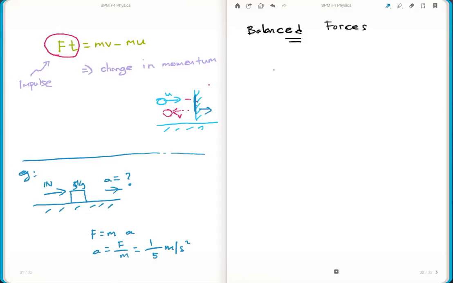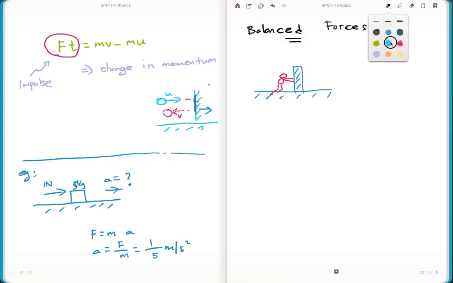The easiest example would be there's a wall and you are seen to push against the wall. Okay? You need to feel the force.